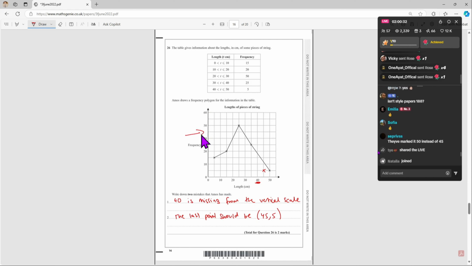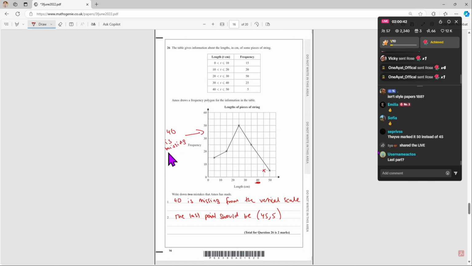As you can see, there's no 40 here, so it doesn't go in equal increments. So 40 is missing over here. So that's how we know that 40 is missing.